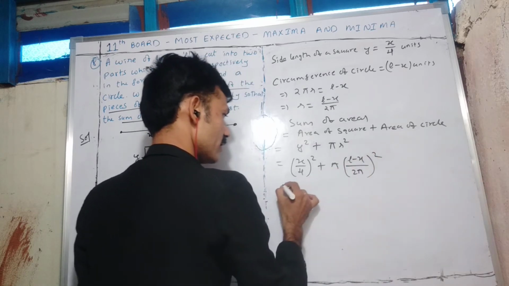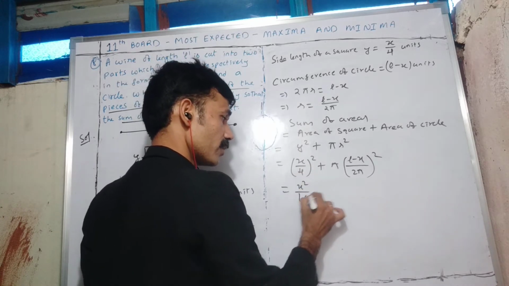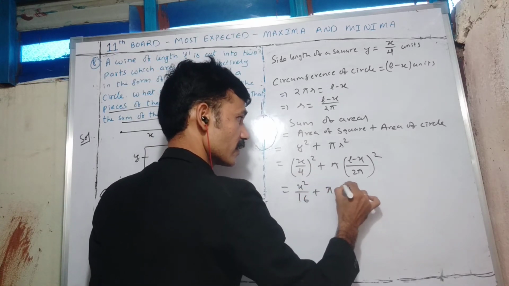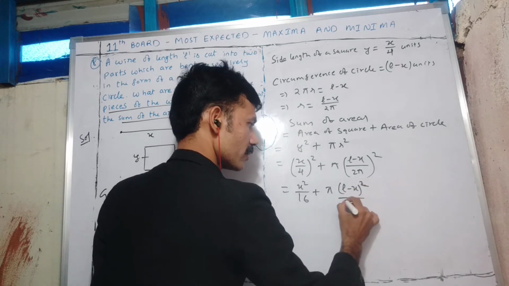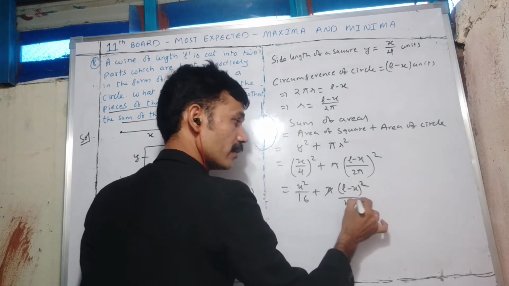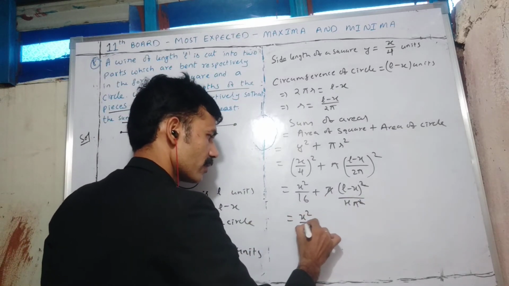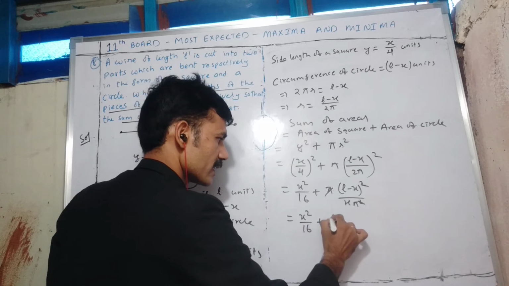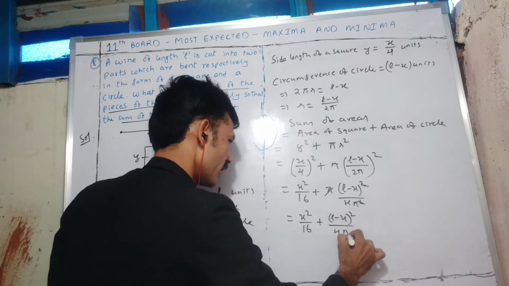Whole square means each and everything will be squared. So x square upon 16. L minus x whole square, 2 square means 4 pi square, one pi you can cancel. So finally we get x square upon 16 plus L minus x whole square upon 4 pi.